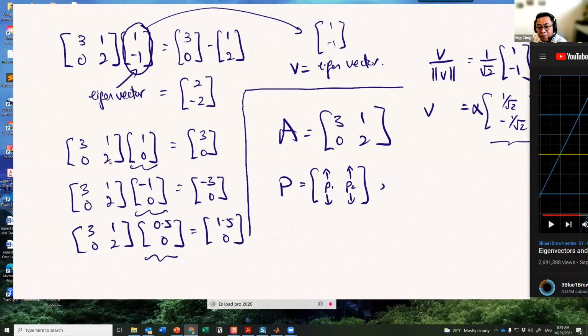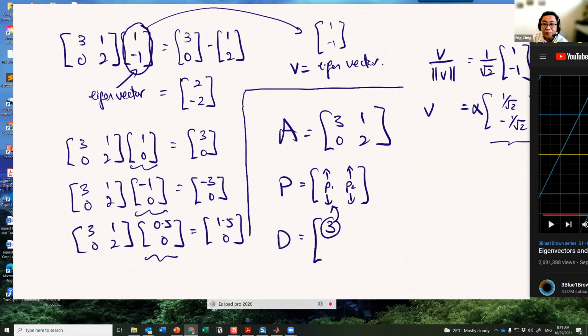The matrix A multiplying an eigenvector, something interesting happened. The eigenvector is stretched by, in this case, 3. So if P1 is 1, 0, there's a number 3 there. Let's call this D, and we're going to have 3 here, associated with this guy. That means if we send P1 into A, then P1 will be stretched by 3.